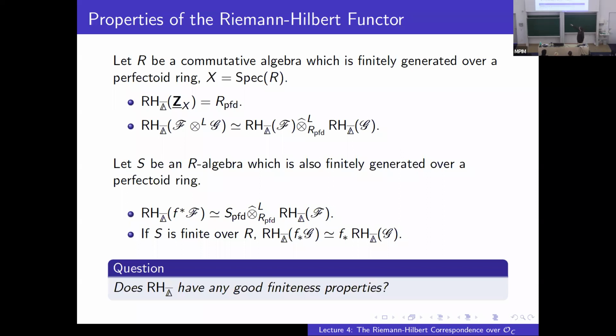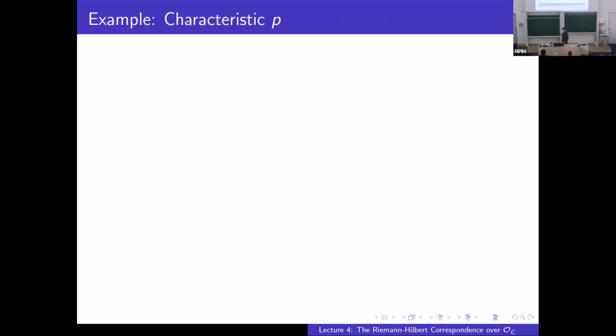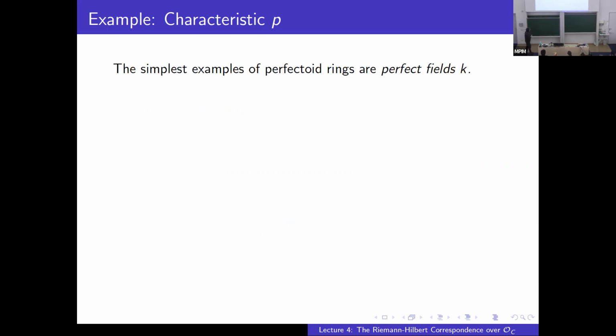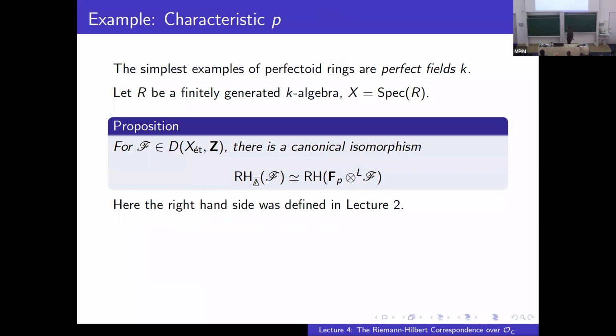And the first question that I want to ask is, does this RH prism bar have any good finiteness properties? So let's start by thinking about a case that we should understand well, which is when we're in characteristic P. The simplest perfectoid rings are perfect fields of characteristic P. And let's suppose that R is a finitely generated algebra over such a field, and write X for its spectrum.